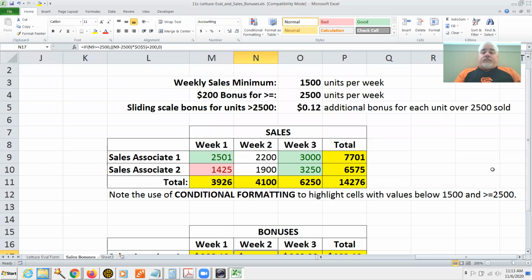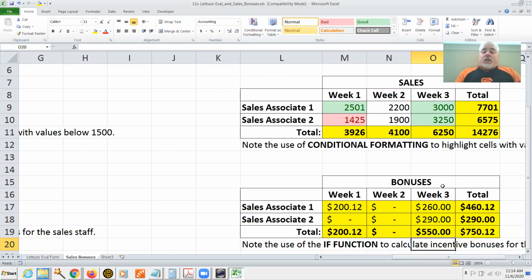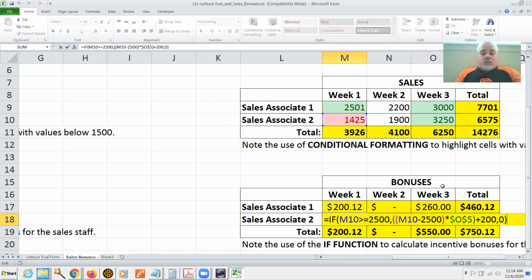So there's another example of using actual functions, simple sum functions, and if functions. And in this case, an if function with a small nested equation. It's not a nested function. This is just a simple equation as my result.